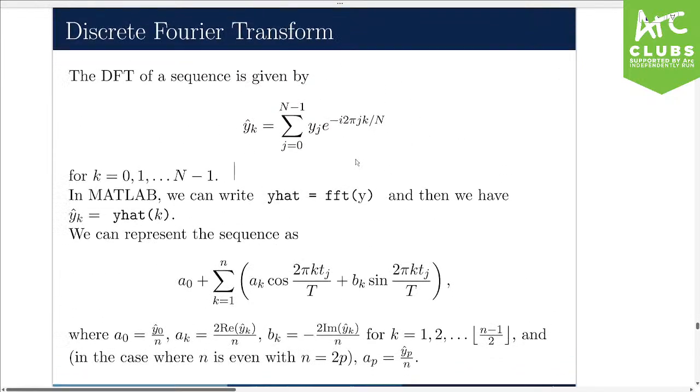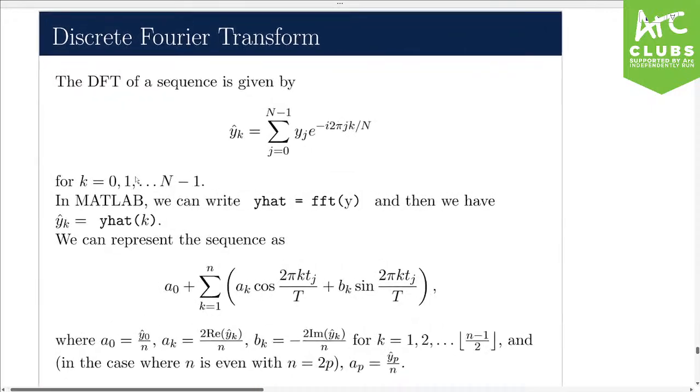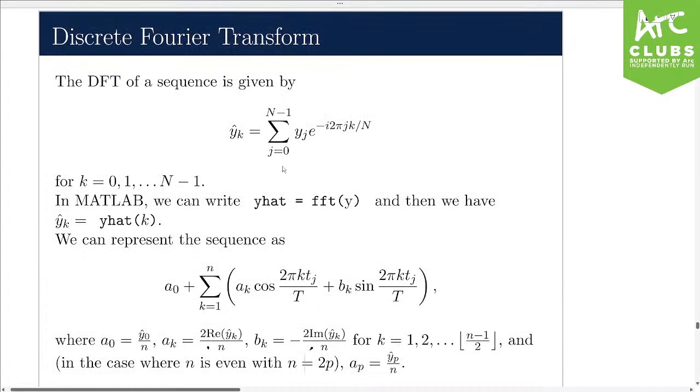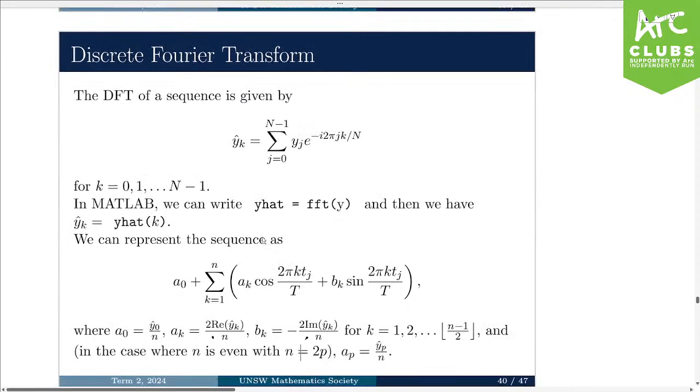After we've computed that, we can create a partial Fourier series that approximates our data with coefficients defined by the real and imaginary components of the transformed values.